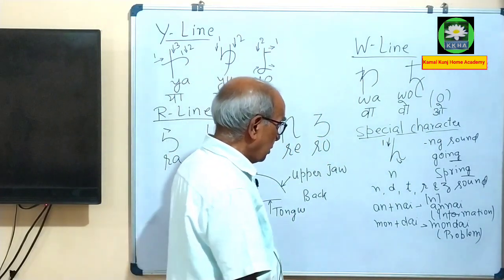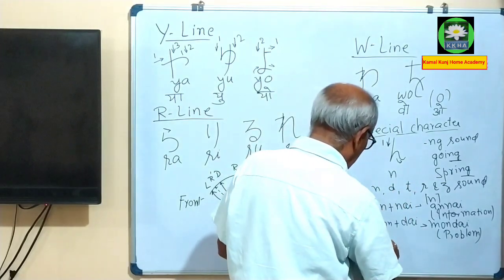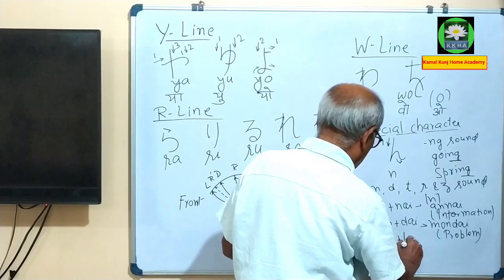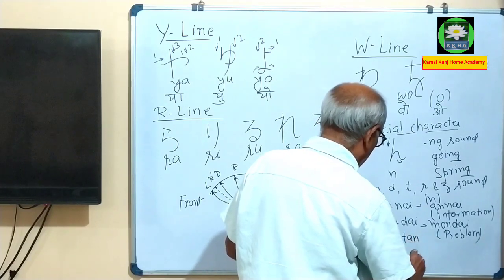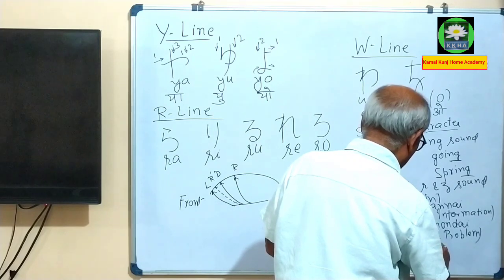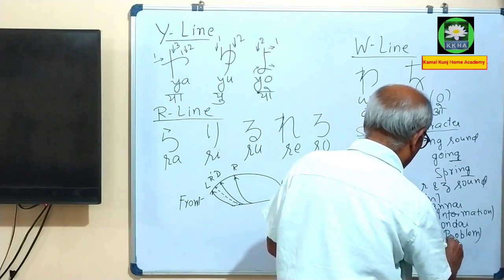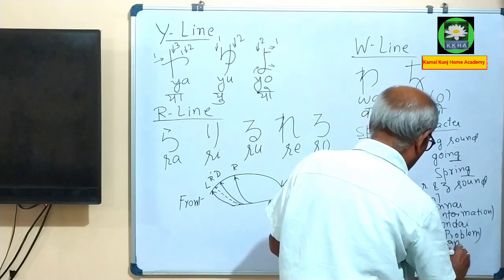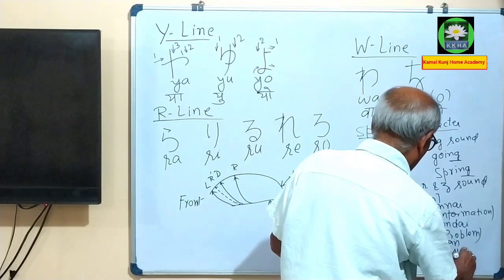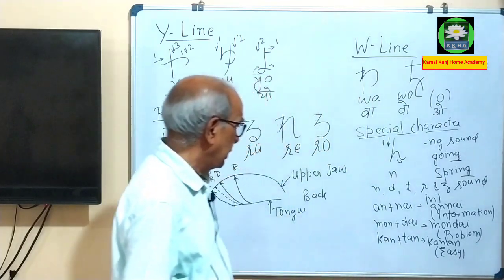Similarly, when it is followed by T sound, for example, kan plus tan, pronounced as kantan. Kantan means easy or simple.